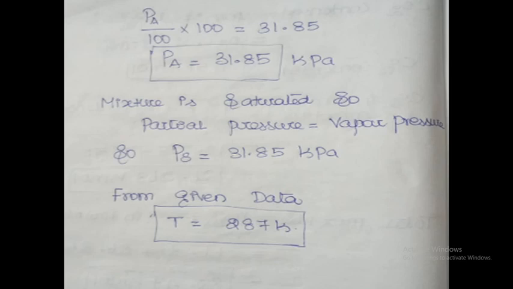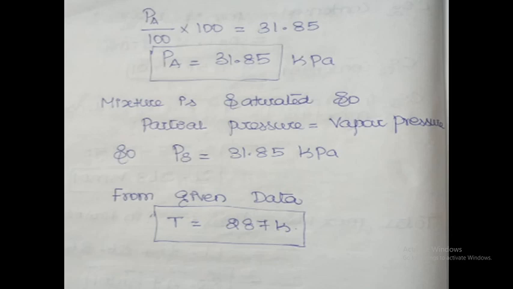Now we are ready to calculate the cooling temperature. So when 40% of CS2 is condensed out, what is the cooling temperature of the mixture we are going to calculate. This is our part, right. So already we have two additional data. You refer to the previous slide. From that data, the PS value is 31.85 kilopascal.